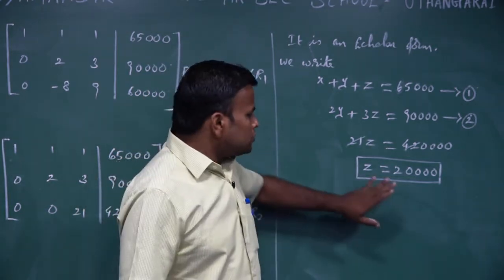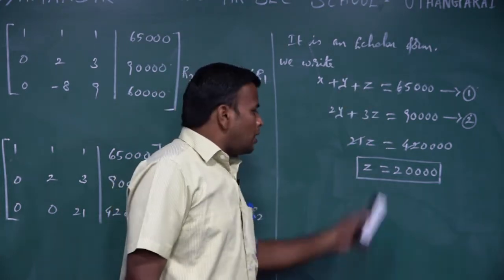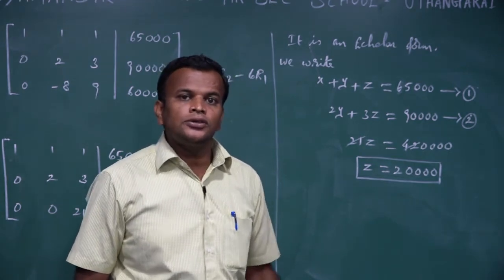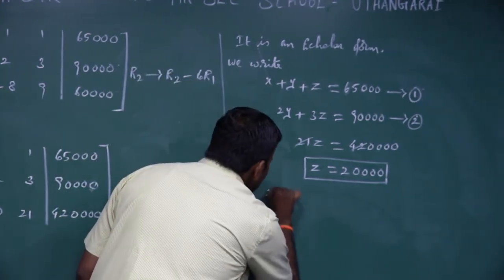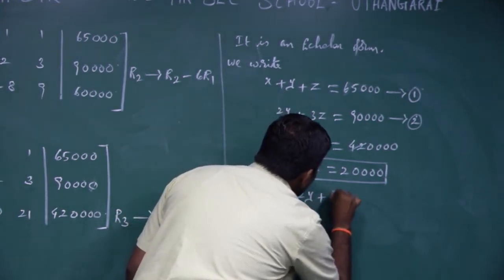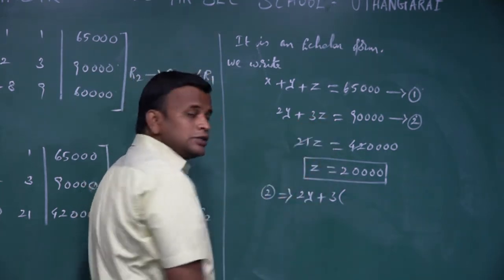Now using the value of z to find the remaining two values. The next step, I use the value of z in either equation 1 or 2. We substitute in 2. So 2 gives 2y plus 3z. The value of z is 20,000.